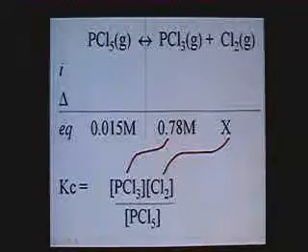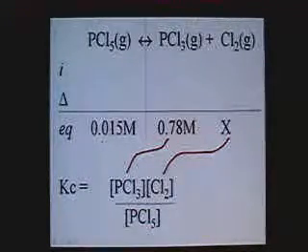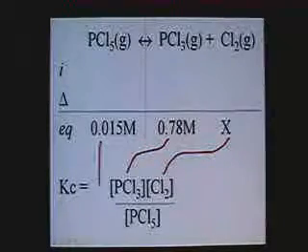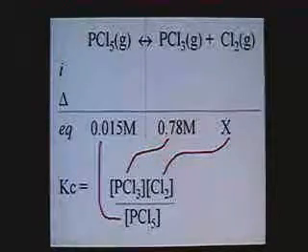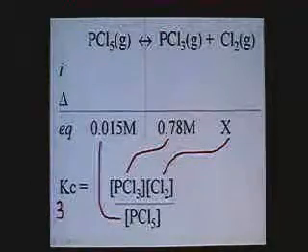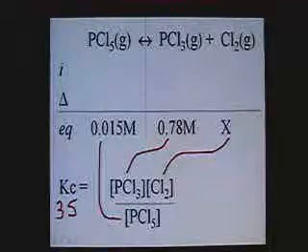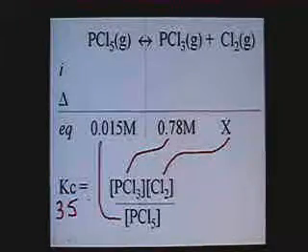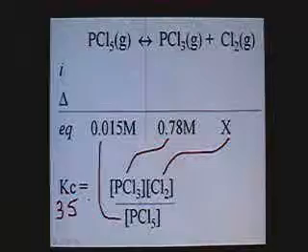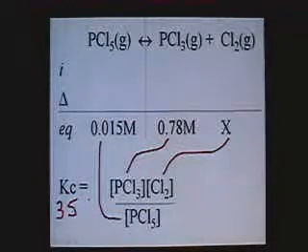All the coefficients in this balanced equation are 1, so we don't have to worry about raising anything to a power. And the 0.015 was the concentration of our reactant. And you may recall that this value happened to be given. It was 35. So we have everything that we need except for the unknown concentration of the Cl2. And algebraically we can cross multiply and solve for x.